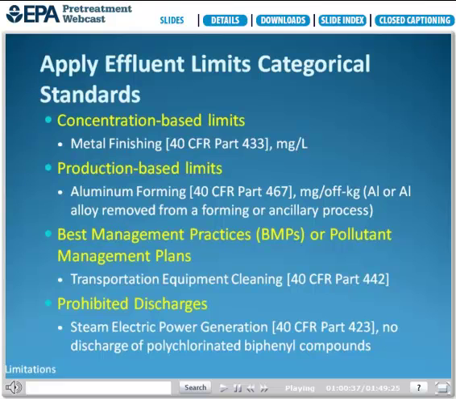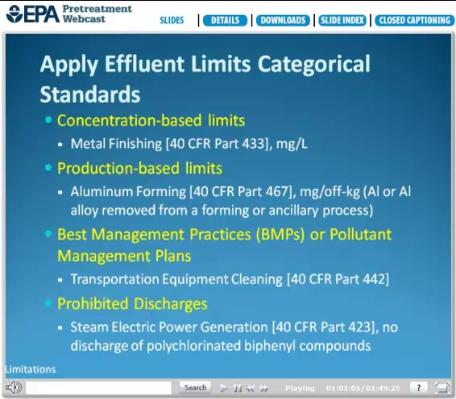BMPs, or pollutant management plans, are plans that the user develops that state the facility will conduct its operations in accordance with certain federal requirements. For example, in the transportation equipment cleaning category, there's an option for a pollutant management plan.